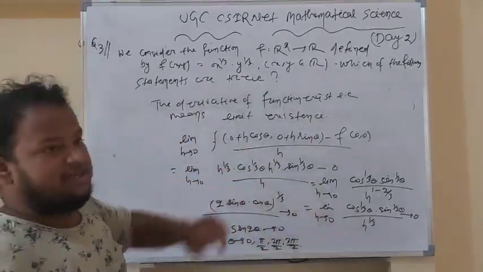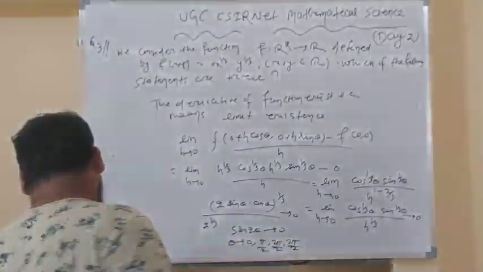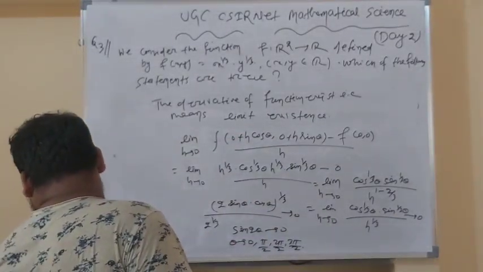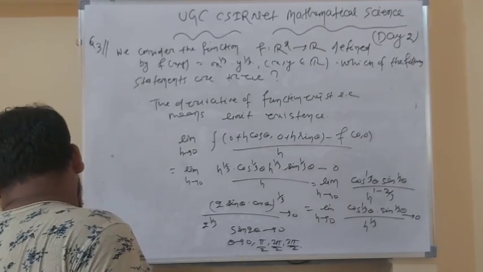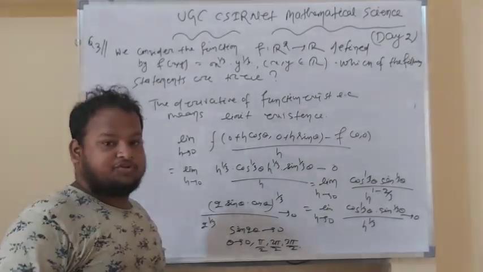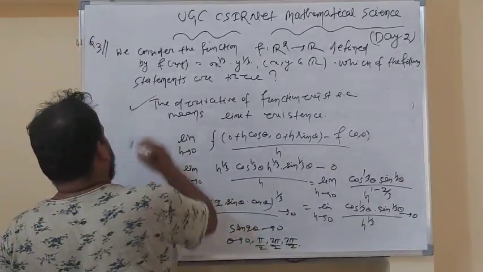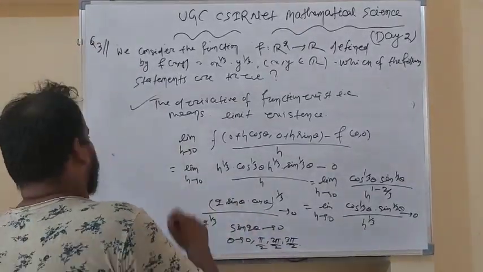Then the limit exists and the derivative also exists, so we can say the directional derivative of the function exists in the same direction. Option 1 is right. Going to the second option.